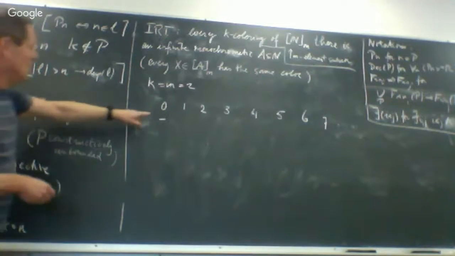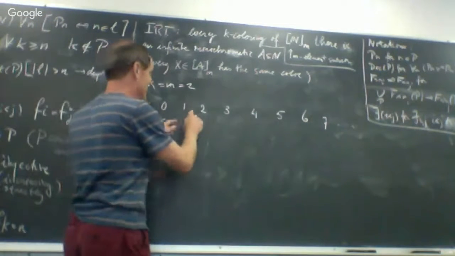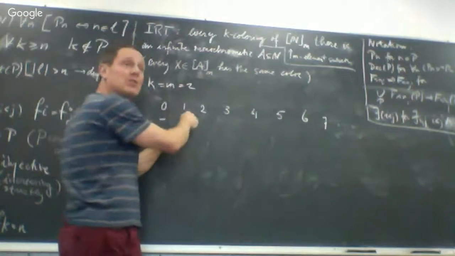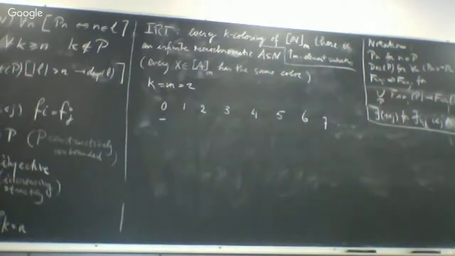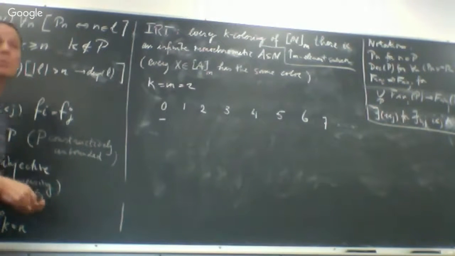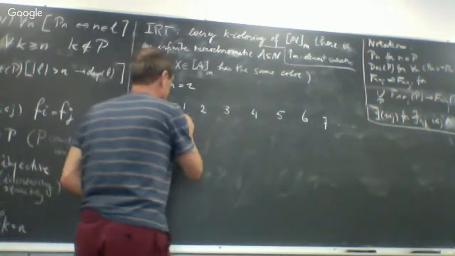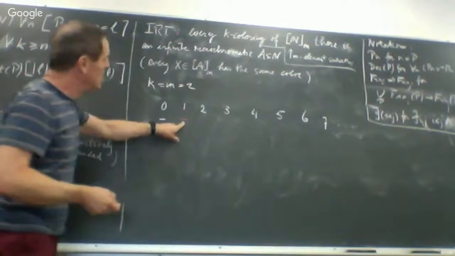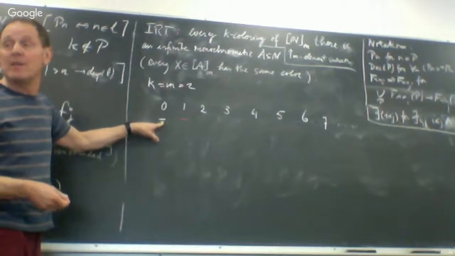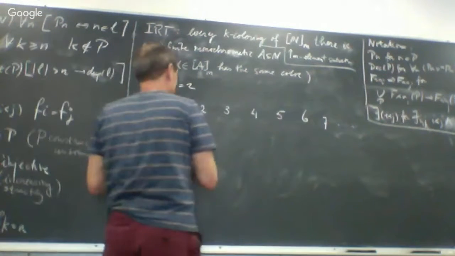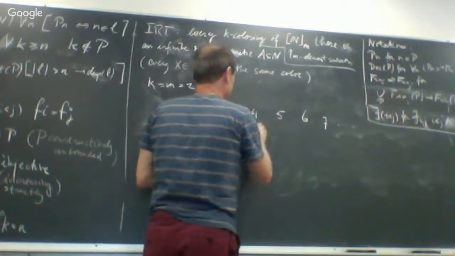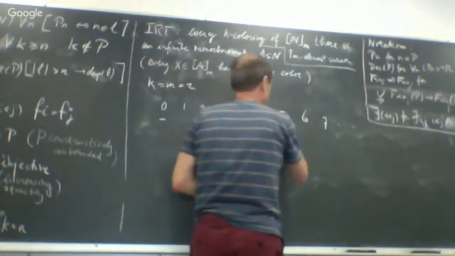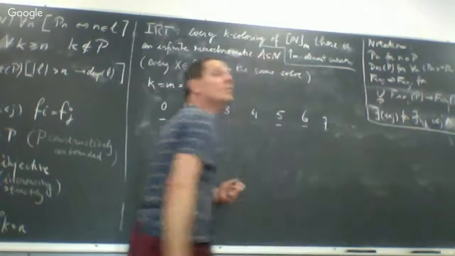For every 0, we can form such a 2-element set with all the positive numbers, and they all have a color. This is the color that they have with 0. So I can have a red, then a green, and a red, and 2 reds, then green, and so on.